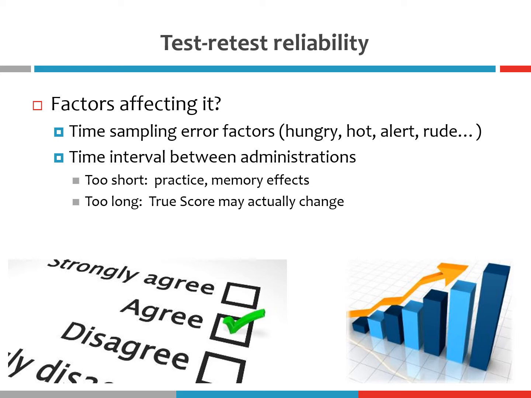The time interval between administrations of the same test is also important to consider, right? Because if I administer an intelligence test on Wednesday at 3 p.m., and then I administer the same exact test on Thursday at 3 p.m., right? That's a very, very short time interval of only 24 hours, right?